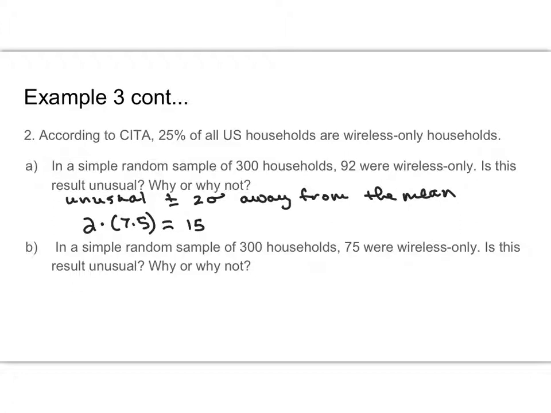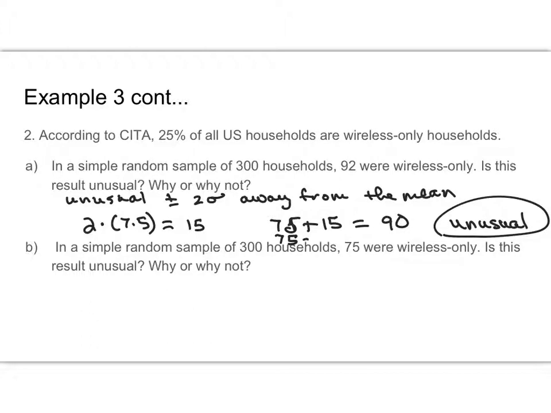If we are more than 15 away from the mean, our mean was 75, and that's 90. So anything greater than 90 is going to be unusual. So this is unusual because it's 92. Anything less than 75 minus 15, which ends up being 60, anything less than 60 would also be unusual.